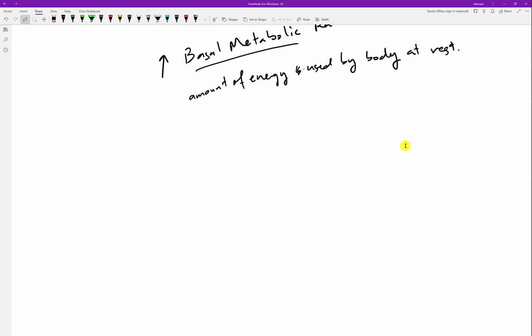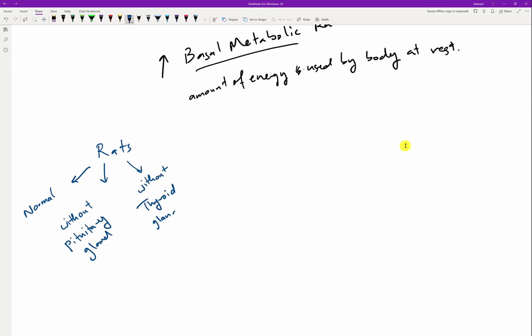What we are going to do is measure this BMR in three rats under different conditions. The three rats are: one normal rat, another without a pituitary gland, and the third without a thyroid gland. We will test the BMR of each rat under four conditions. One is at rest. Two, after TSH injection.